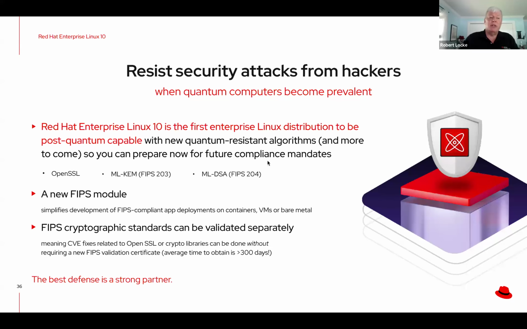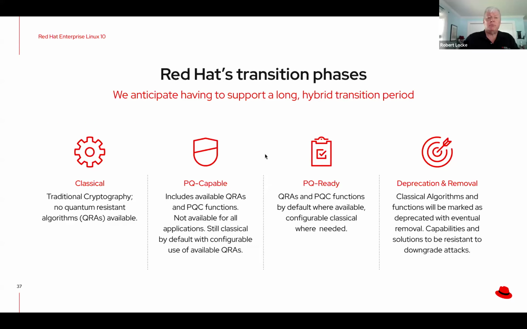So, what are we looking at here? Well, due to the large scope of change post-quantum cryptography will be for the market for both software and hardware, we anticipate that this will be a long hybrid transition period. We've identified 4 phases to this transition, starting with classical, which is where most people are today, traditional cryptography, no quantum resistant algorithms available.